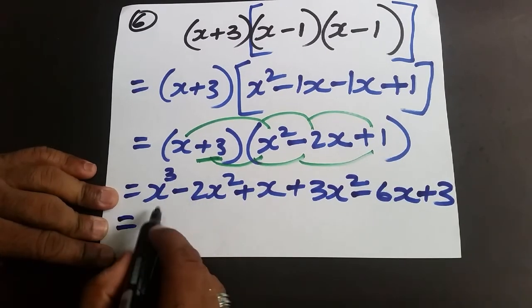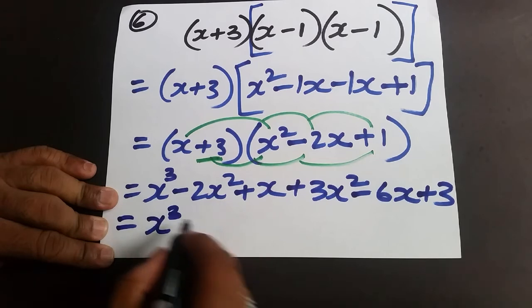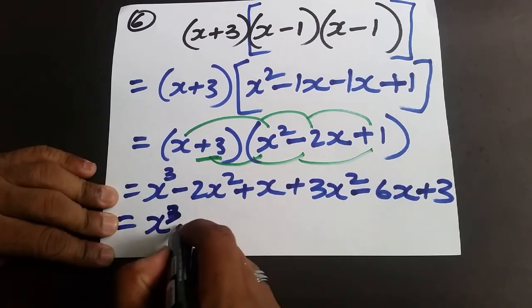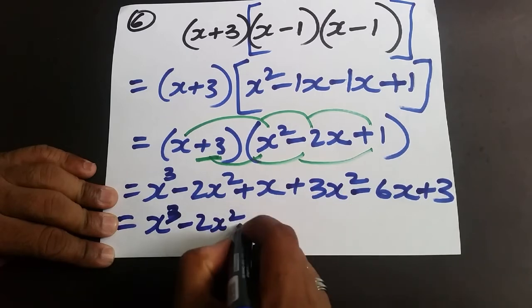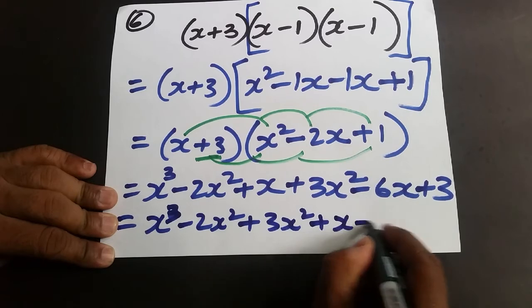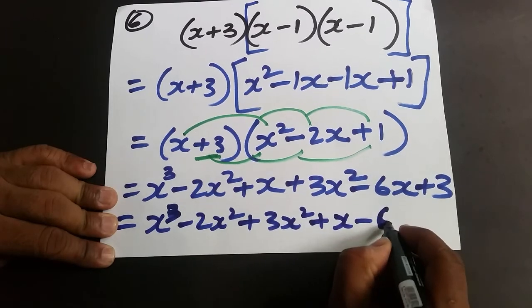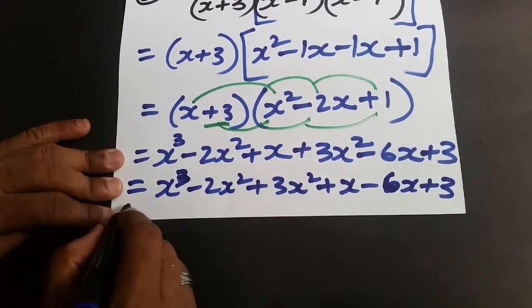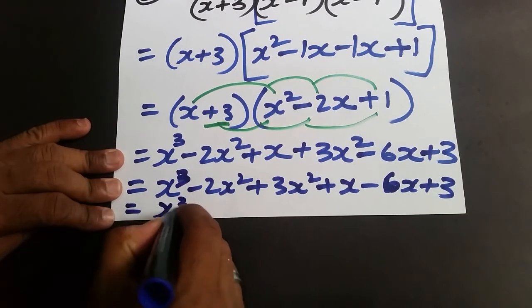Now let's group the like terms. There's no other term with cube, so I'm going to write this back. That's x cubed minus 2x squared plus 3x squared plus x minus 6x plus 3. Your final answer should be x cubed.